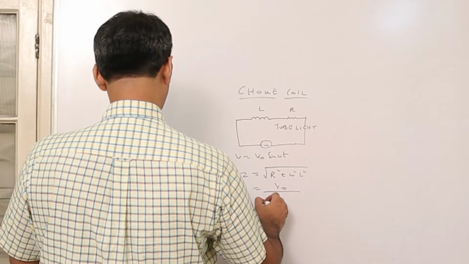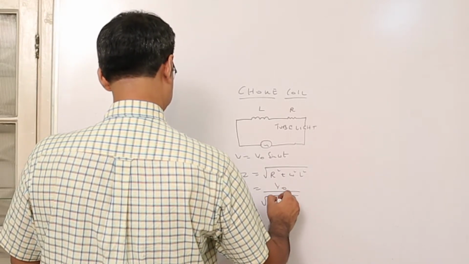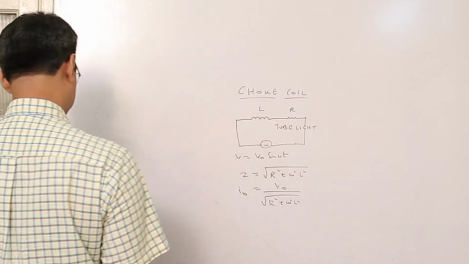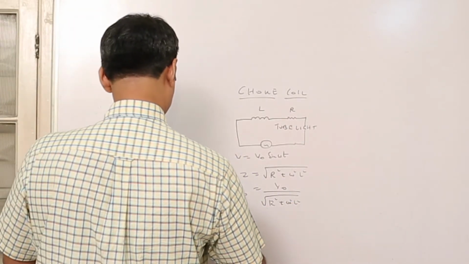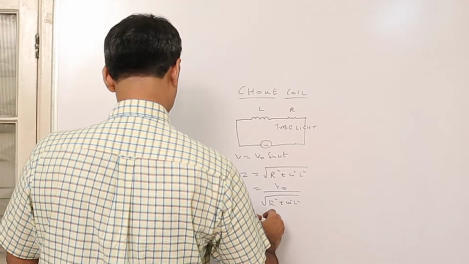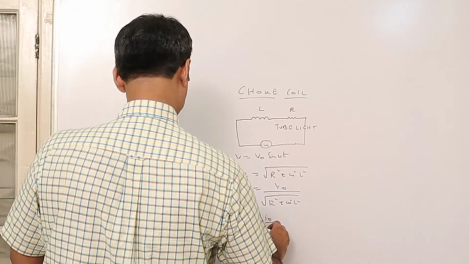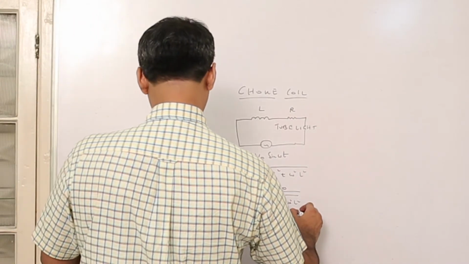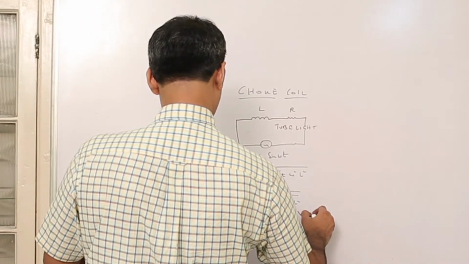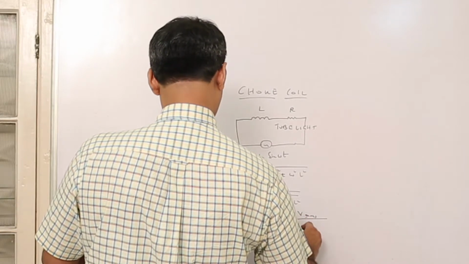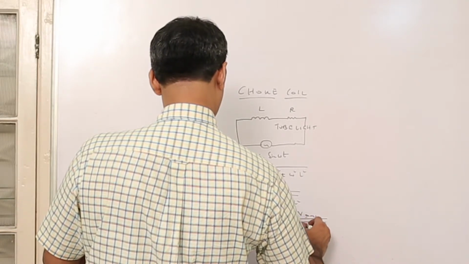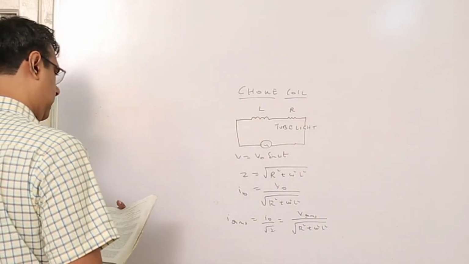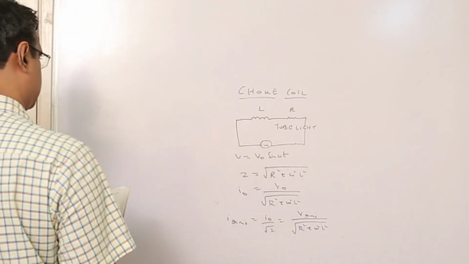Now I0 will be V0 by the impedance. IRMS will be I0 by root 2. So this will be the formula for IRMS.